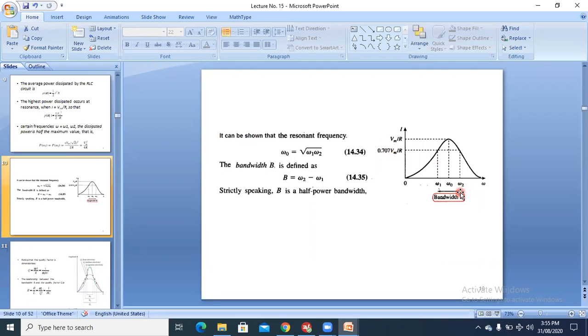Now let's see what the power of the RLC circuit is.